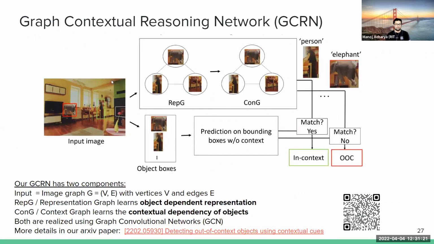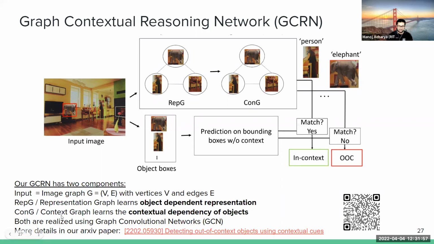So we propose a graph contextual reasoning network, where the input is an image graph G with vertices V and edges E. This flows into two components, the representation graph and the context graph, right? The goal of the representation graph is to learn object-dependent representation, so that you can separate one object from another.